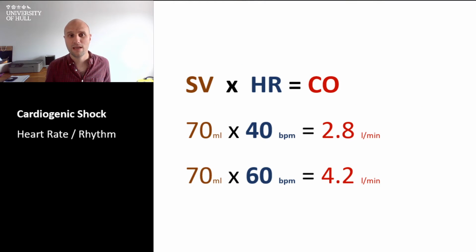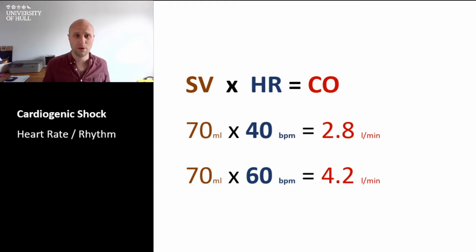Now, thinking about bradycardias, and we define bradycardia as any heart rate of 60 beats or less, we can see in this really simple illustration here that obviously if your heart is beating less frequently, there's going to be less cardiac output, and there's going to be less chance that your tissues are going to be perfused properly.